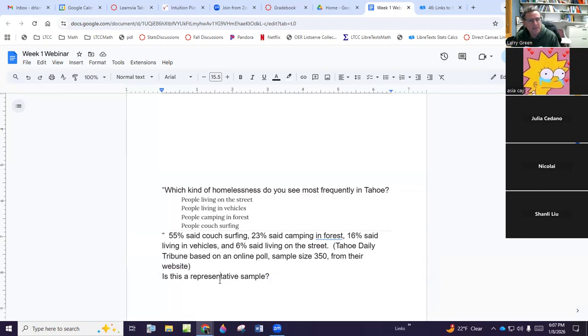In other words, if you look at these percents, do you think it's somewhat trustworthy, or do you think it's just ridiculous to even think that somewhere near 55% of all people in Tahoe see couch surfing most frequently for homelessness? Do you think that is a reliable number, that percent?